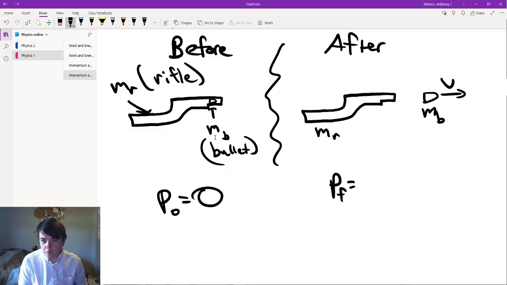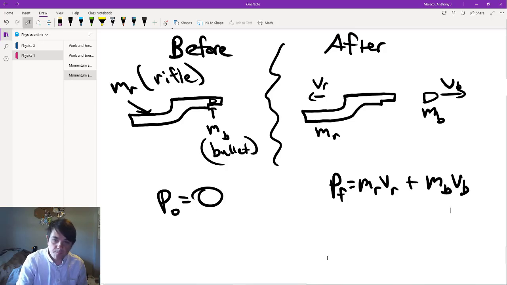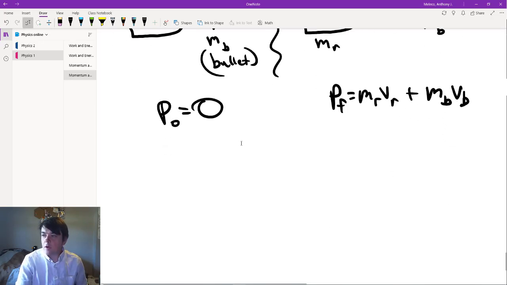It will be composed of the mass of the rifle, and the rifle's going to recoil with VR. So we have MR VR plus MB, and this guy will move forward, VB.